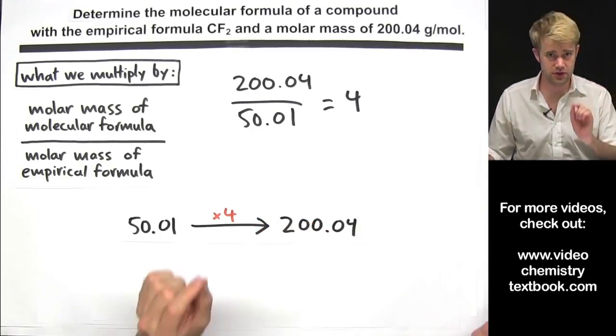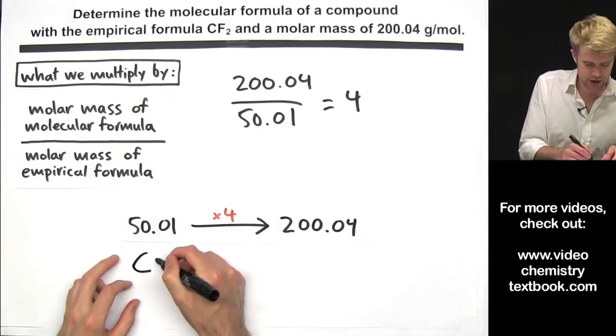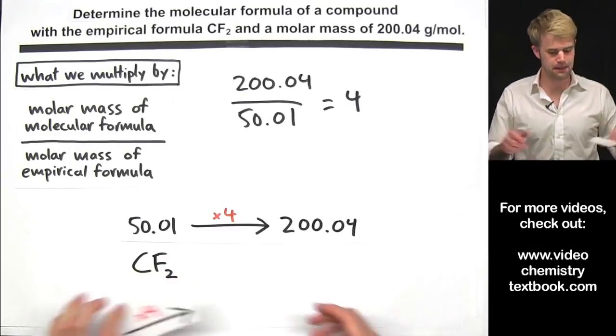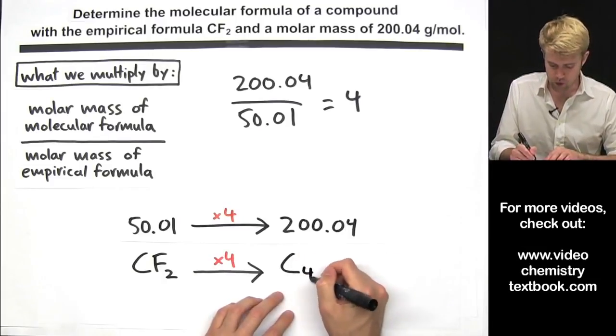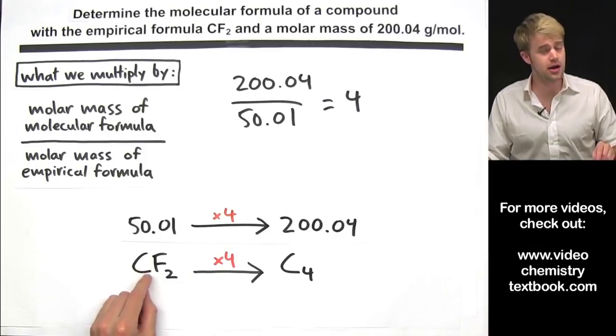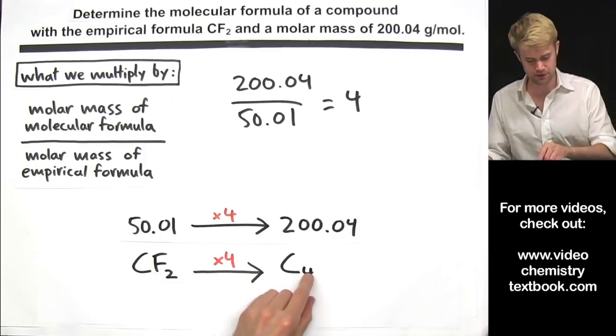We do the same thing to get the molecular formula of the compound. We start with the empirical formula, CF2, and we multiply it by 4 to get C4. It's a 4 because with the C here, if there isn't a number after it, it means that there's just one of them. So we're just essentially doing 1 times 4 is 4.